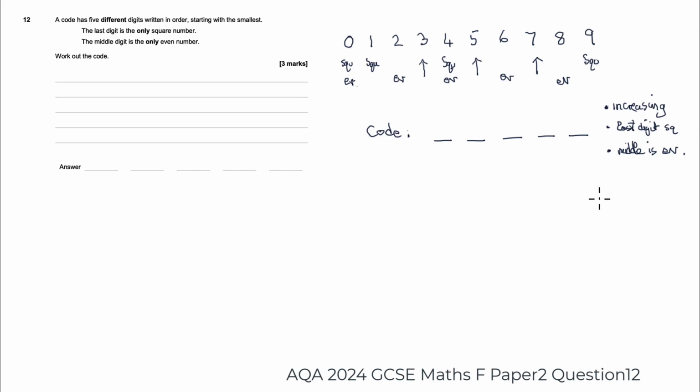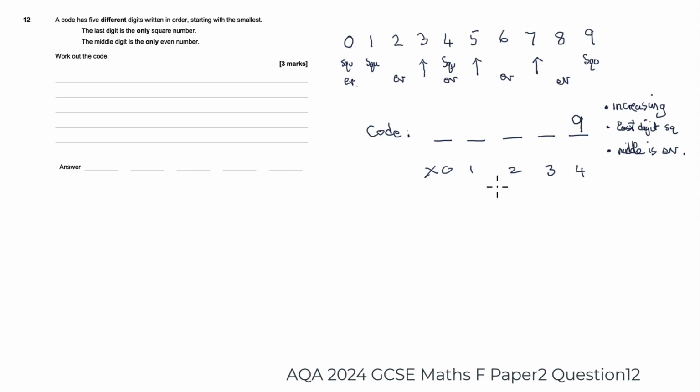We could possibly have a 4 there, but that would mean we'd have to have 0, 1, 2 and 3. What's wrong with that? Well, there's more than one even number. And the middle one is the only possible even number. So that's not going to happen. So that doesn't leave us many squares. It only leaves us the 9 as the last digit.